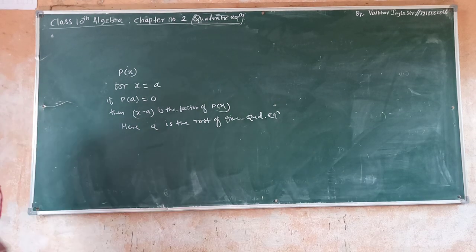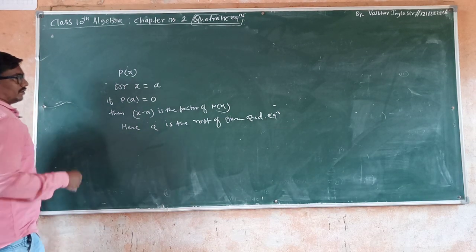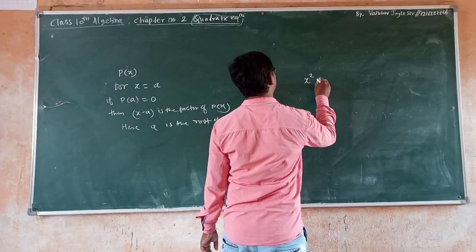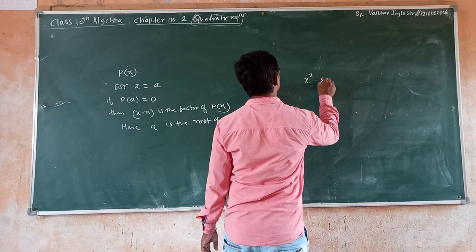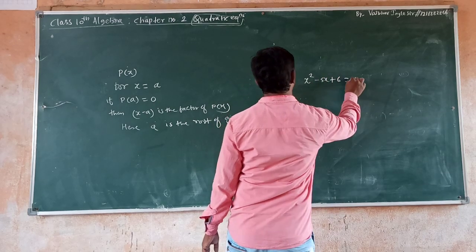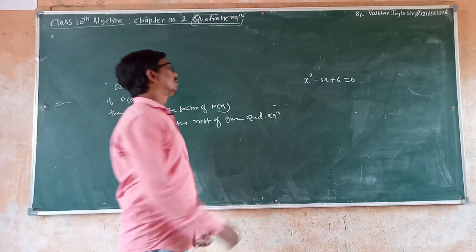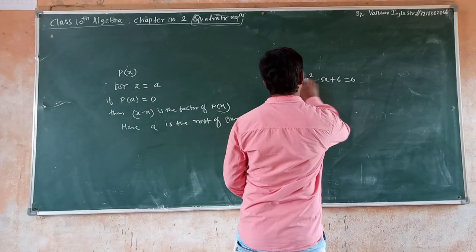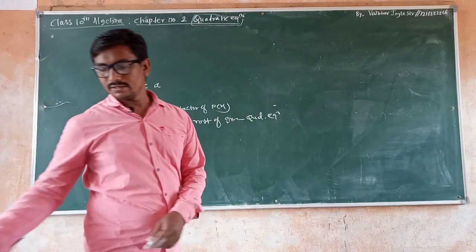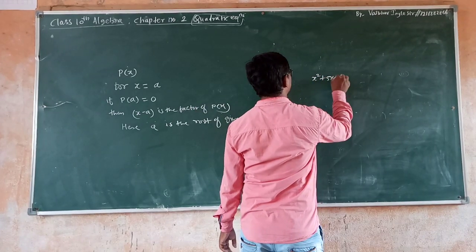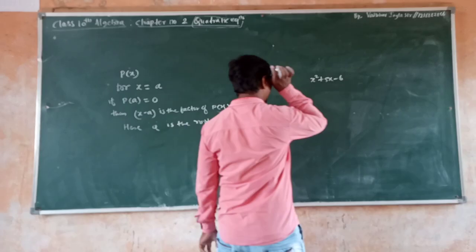We'll see some examples, like we'll take an initial example. We have seen x square plus 5x minus 6 equals 0, an earlier example that I am taking.